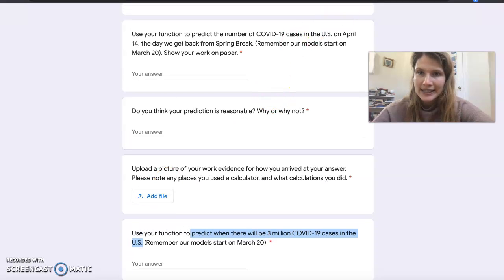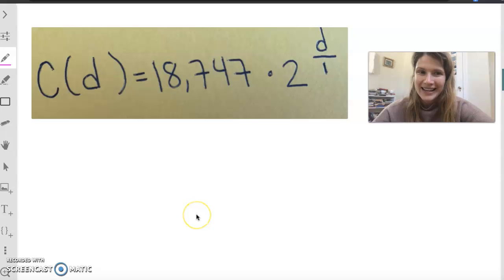I'm going to model this for you using Leslie's equation. Thanks, Leslie. I stole this from Ms. Murphy. This is Leslie's equation that she's using to model COVID cases in the US, and I'm going to use it to make our predictions today.